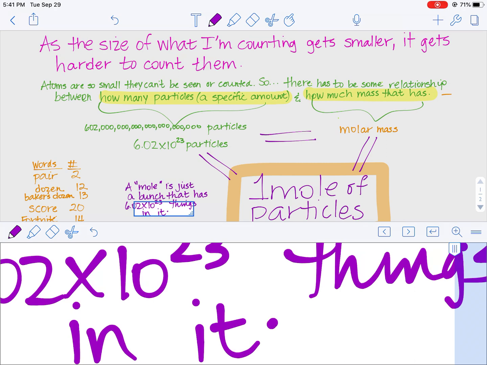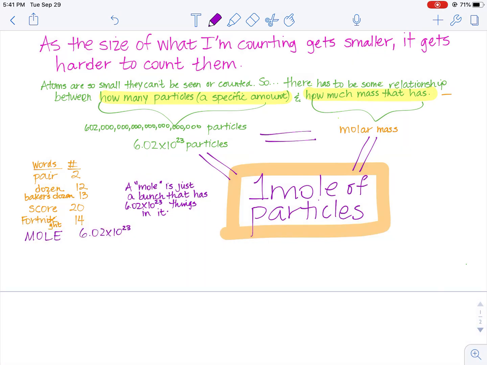So just like a dozen roses has 12 individual roses, and a dozen eggs has 12 individual eggs, a mole of carbon atoms has 6.02 times 10 to the 23rd atoms. A mole of water molecules has 6.02 times 10 to the 23rd water molecules.